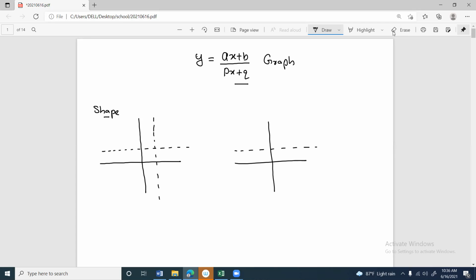It can be either like this or this, because it depends on the equation. That is the basic concept, the basic shape we need to understand in this graphical representation.